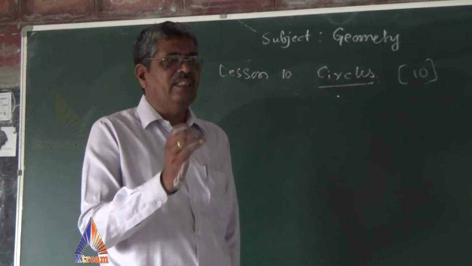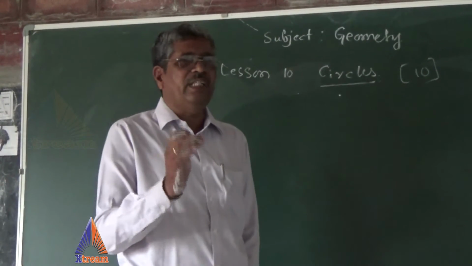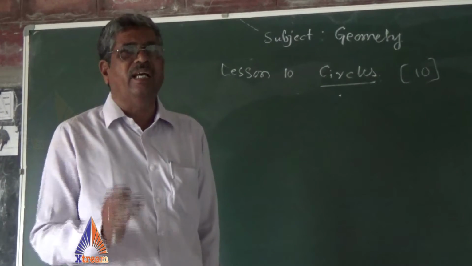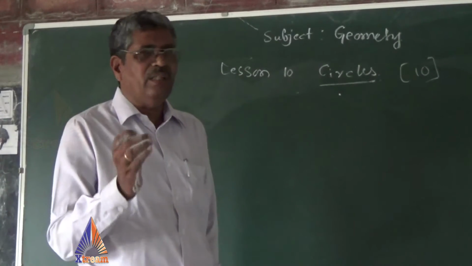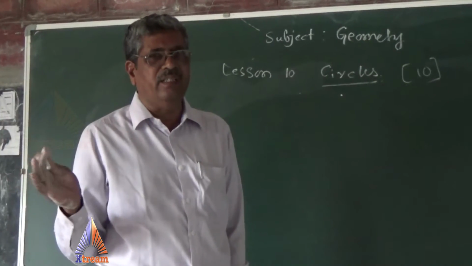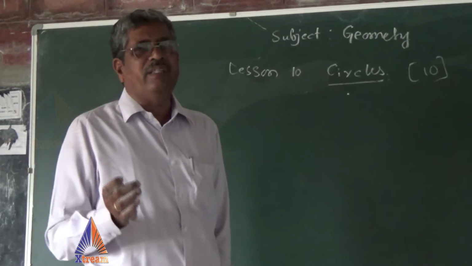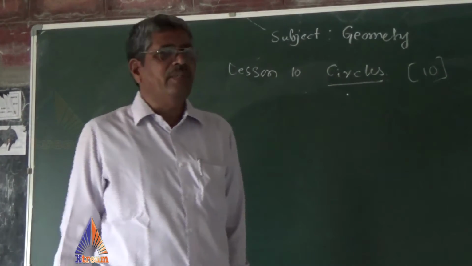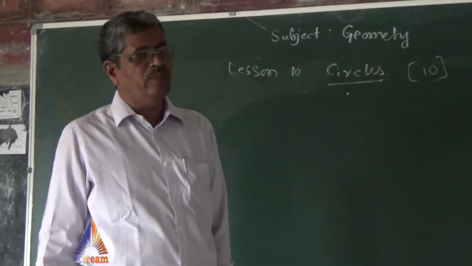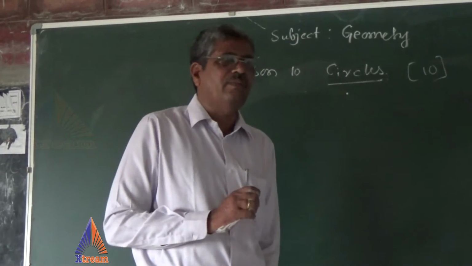If two chords are equidistant from the center, they are equal. If the chord is very small in size, it is far away from the center. If the chord is bigger, near to the diameter, it is very near to the center of the circle. So these are the properties of any chord.